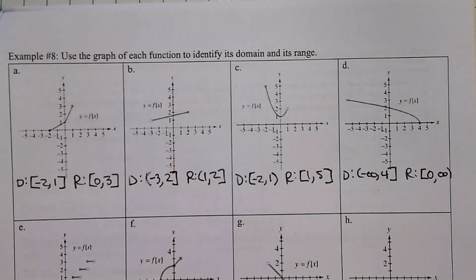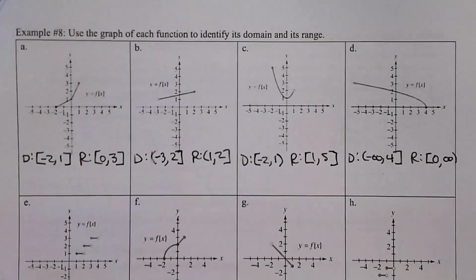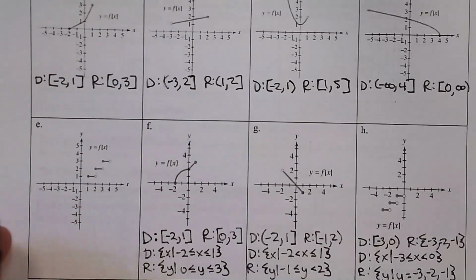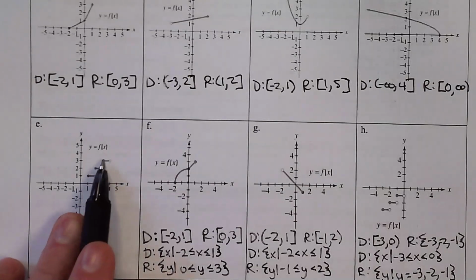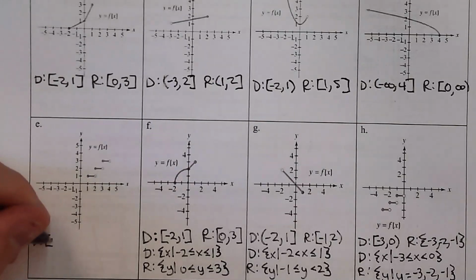Oh, this one stresses me out. On E, this is a step function. How far left does this go? 1. How far right does it go? 4, but 4's not included.